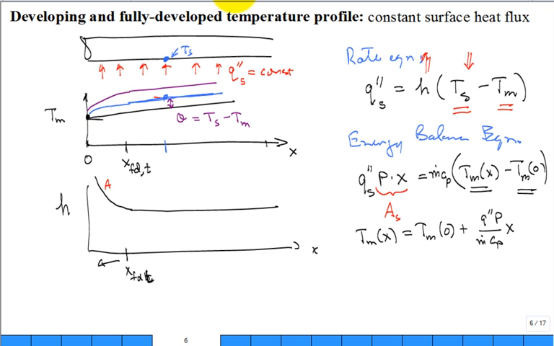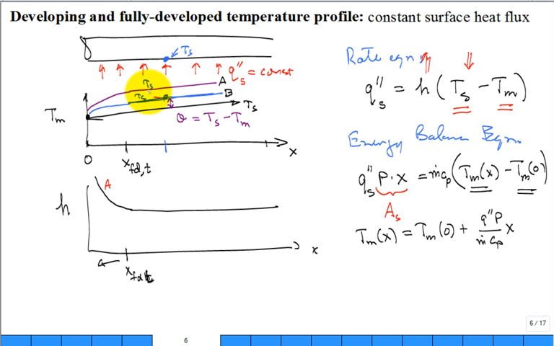So I'm looking at case A or case B. And somebody says, I think I know the reason that there's a difference between the two. I have the T sub m profile. I'm just looking at T sub s. T sub s looks like either B or A.